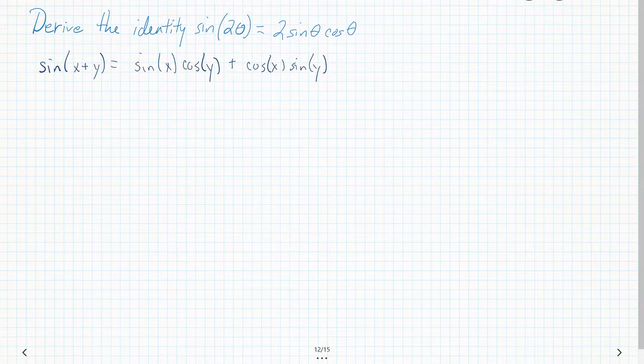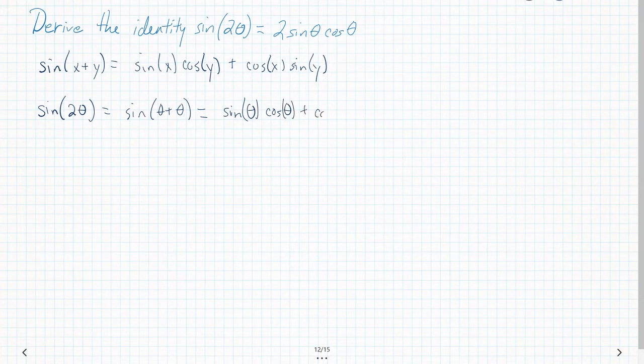So keeping that in mind, first off we'll write 2 theta. One way to write sine of 2 theta, you can rewrite this as sine of theta plus theta. And this becomes sine of theta cosine of theta plus cosine of theta sine of theta.